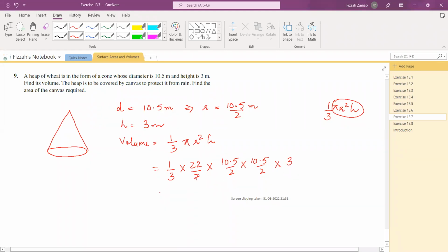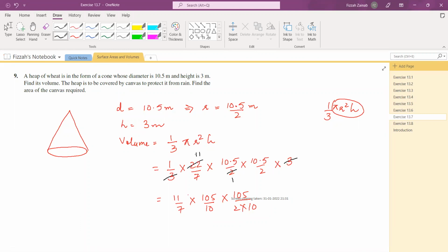Now you remove the decimals in the next step, and now this 3 will get cancelled out here itself. And similarly, you can reduce this to 11. So in the next step, I can write 11 divided by 7 into 105 divided by 10 into 105 divided by 2 into 10, right?